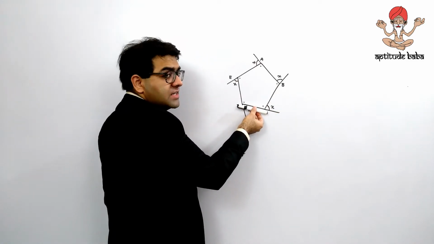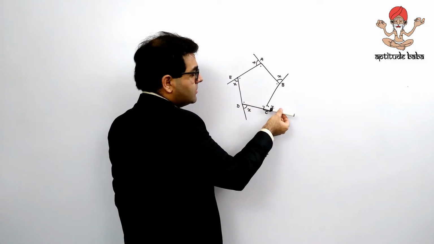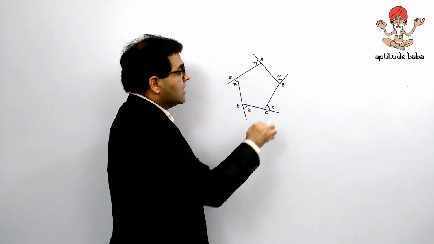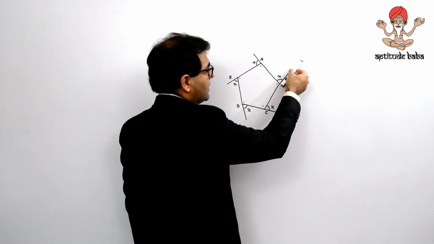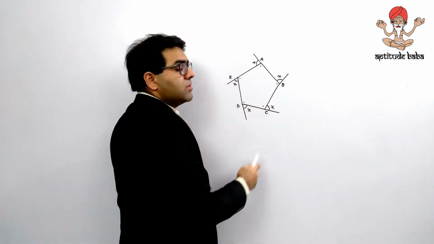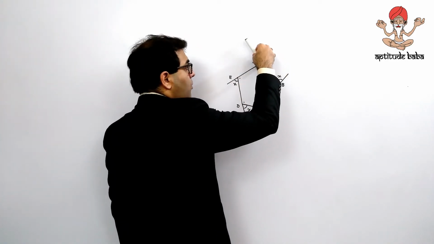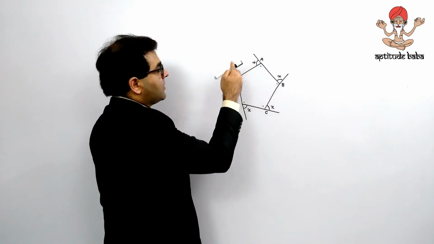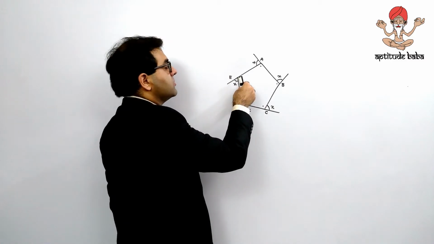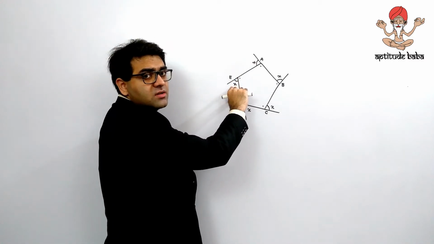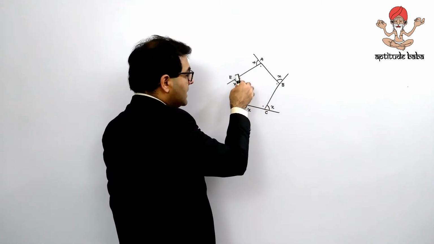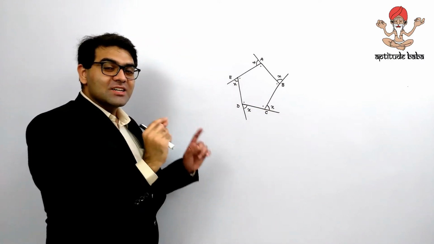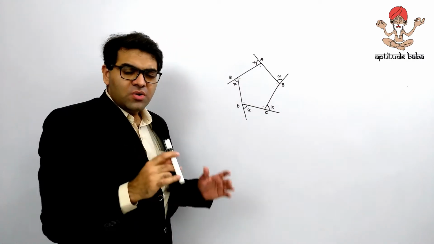If I consider my side DC and I place my side DC onto point C and rotate it by x degree, what I get is side BC. अगेन मैंने साइड BC को पॉइंट B पे रख के x डिग्री से रोटेट किया, मेरे पास साइड AB बन जाएगा। मैंने साइड AB को पॉइंट A पे रख के x डिग्री से रोटेट किया, what I am going to get is side AE। And finally अगर मैं साइड AE को दोबारा x डिग्री से रोटेट करूं, मेरे पास साइड ED बन जाएगा। And for the fifth time अगर मैं साइड ED को पॉइंट D पे रख के वापस x डिग्री से रोटेट करूं, I am going to get the original side DC again. What's happening here?